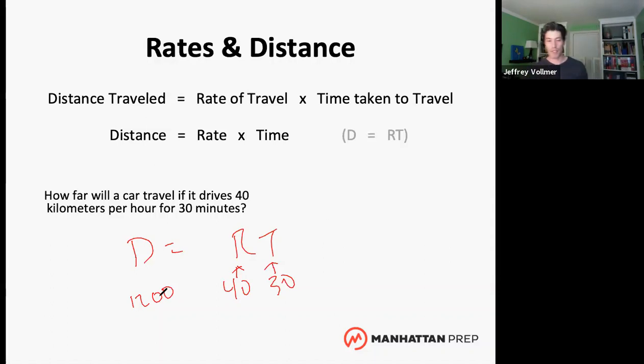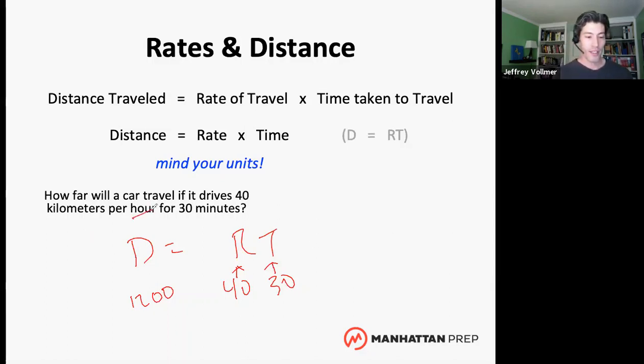And common sense should tell you that you've gone far too far. No way did you go 1,200 kilometers. So what we need to make sure of when we're dealing with distance, rate, time problems is that you're minding your units, okay? One of these units is given as kilometers per hour.